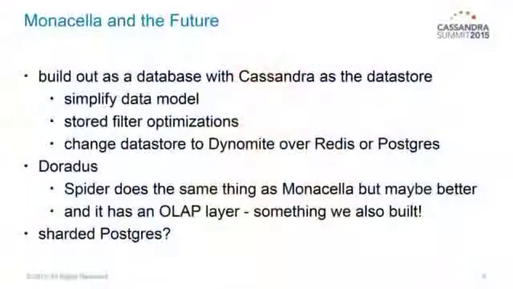It comes in two parts, Spider and OLAP. The Spider part is essentially the same thing as what we built. It uses slightly different technology than we did. However, it also supports a lot more functionality than we do because they have needed other things than we have, right? Monacella is primarily restricted by, right now, what I've needed it for.